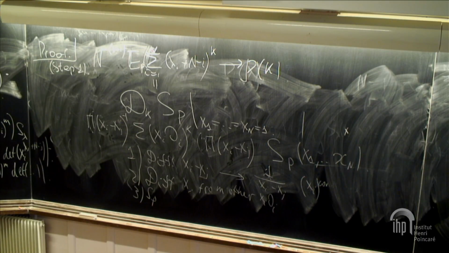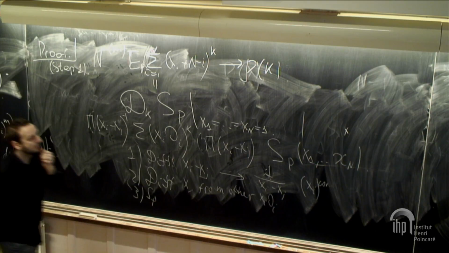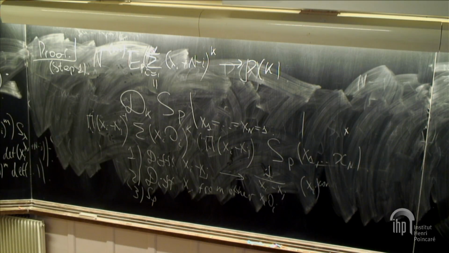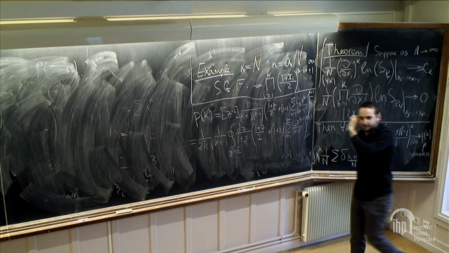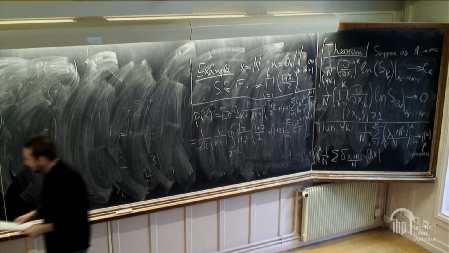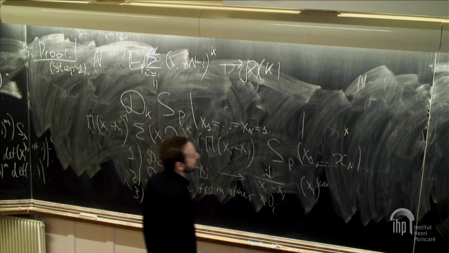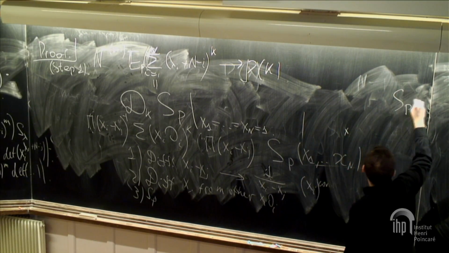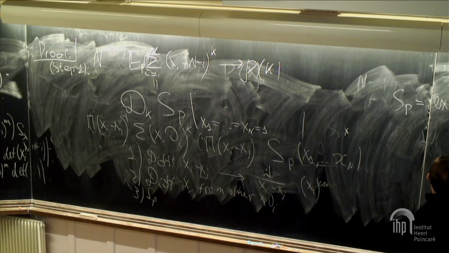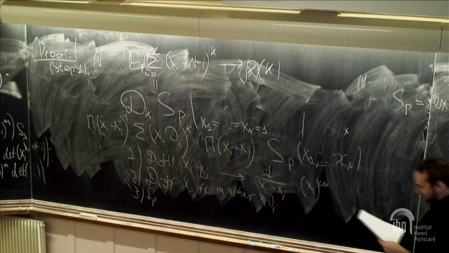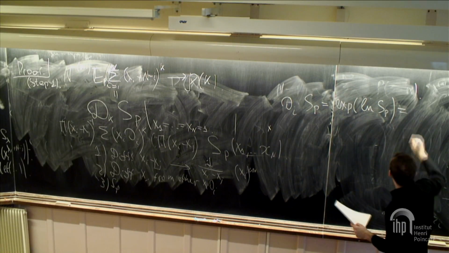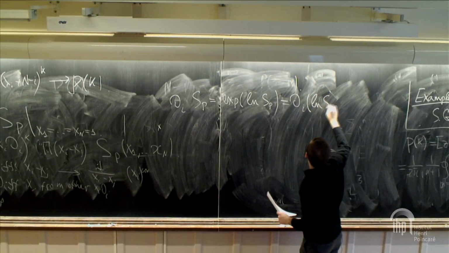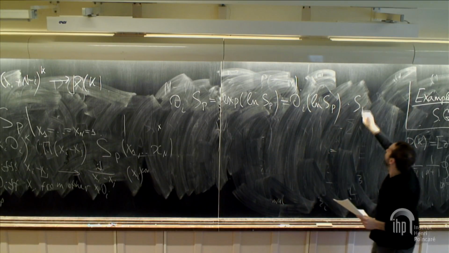Now, the next thing that we want to do is write everything in terms of logarithms, because as you noted, our theorem is really about logarithms of the generating function, not about the generating function itself. So how do you write everything in terms of logarithms? That's a very simple trick. You just say that S_p is actually the exponent of the logarithm of S_p. Then you can differentiate this identity and get that d_i of S_p is equal to d_i of the logarithm of S_p times S_p.